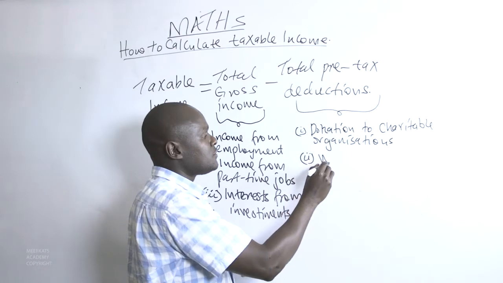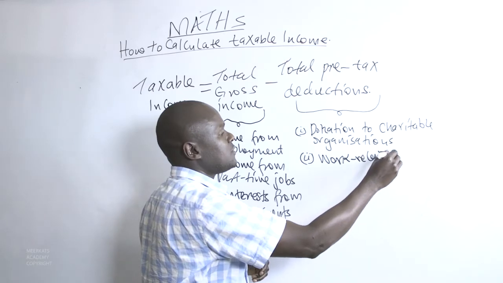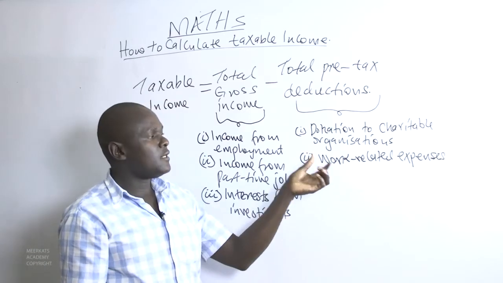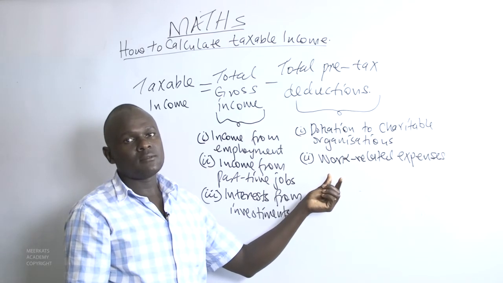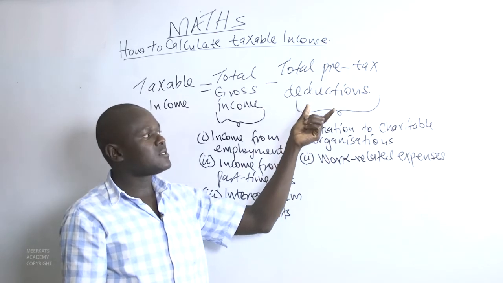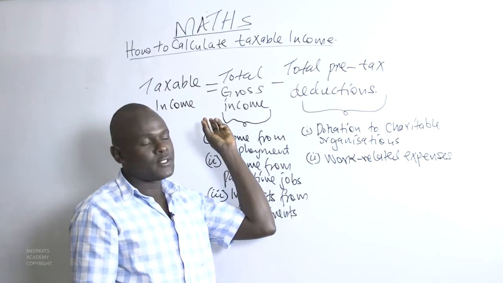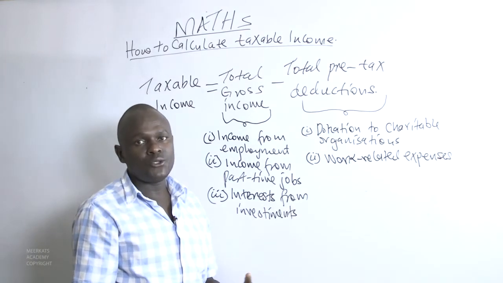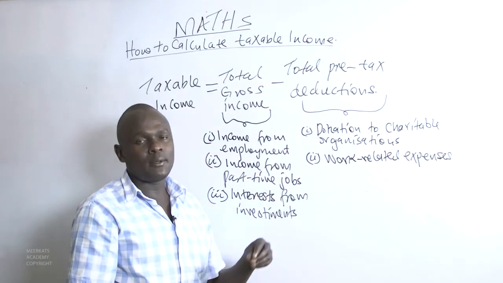We can also have some work-related expenses. These work-related expenses must be supported by invoices and receipts, so that we can make pre-tax deductions before we effect the taxation. And by now you also know what a tax table is, the different tax brackets that we have and how they apply.